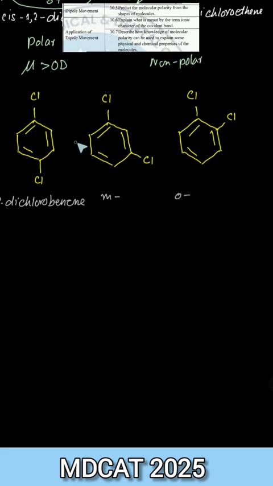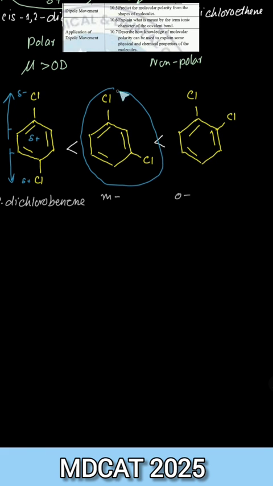Three isomers of dichlorobenzene: para-dichlorobenzene, meta-dichlorobenzene, and ortho-dichlorobenzene. Para has a much smaller dipole moment than meta, and meta has in turn a smaller dipole moment than ortho. In para, both negative charges are at the extreme ends and the positive is trapped between them, so the vectors are in opposite directions and the resultant is 0. In meta, the negative charge of both chlorines is shifted to one side and the positive charge is on the other, giving some dipole moment.